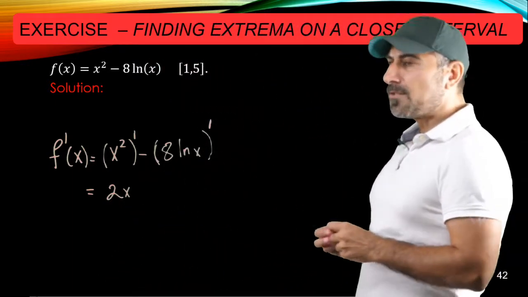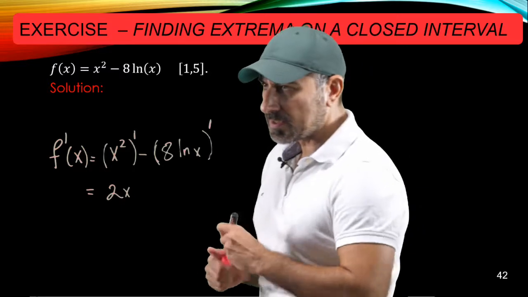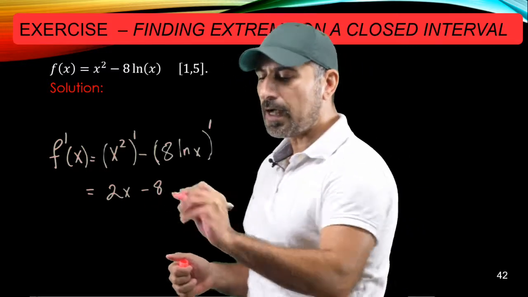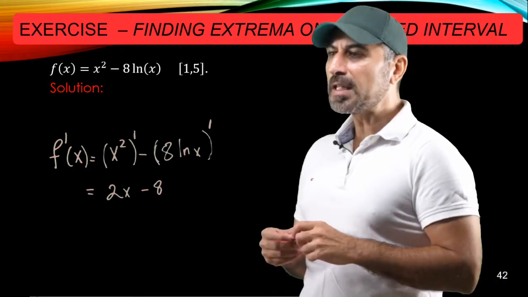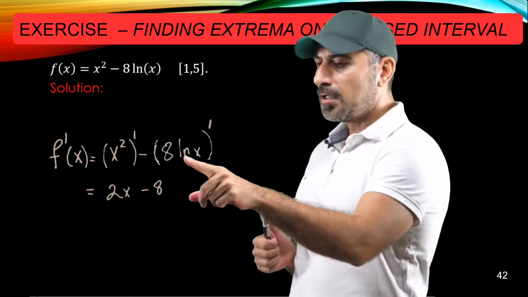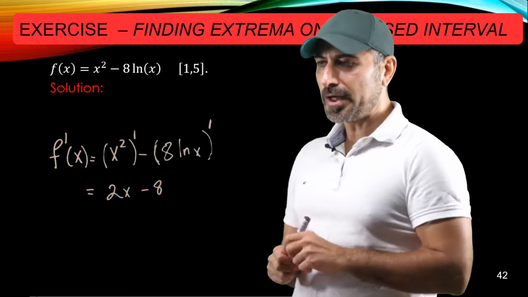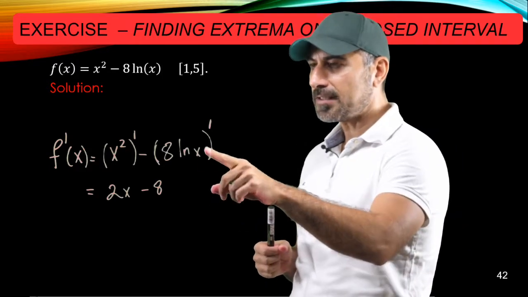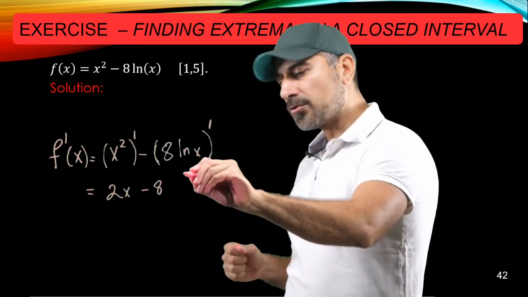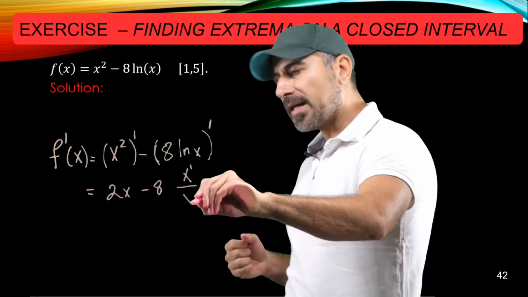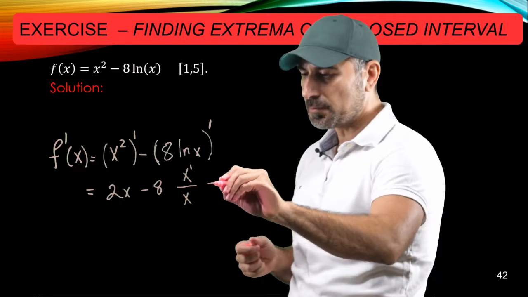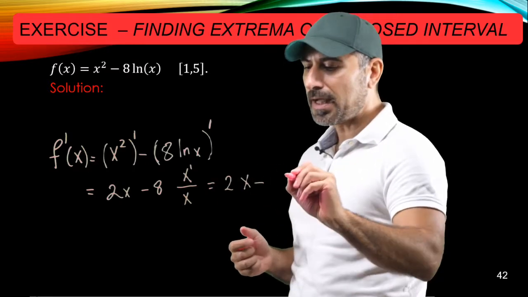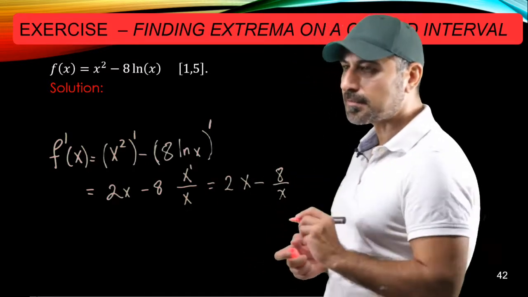And the derivative of 8 ln x is minus 8 times the derivative of ln x. If you use the formula card for differentiation, you can look at the derivative of ln x from there. It's just the derivative of x divided by x. So the derivative of x divided by x, but that is what? 1 over x. So let me just rewrite this: 2x minus 8 over x.